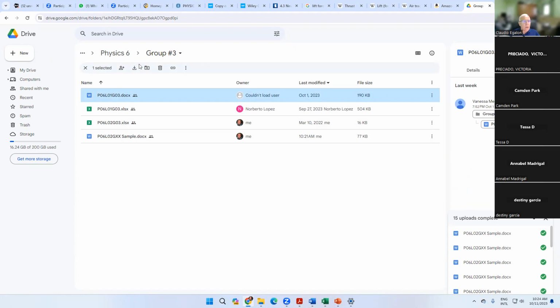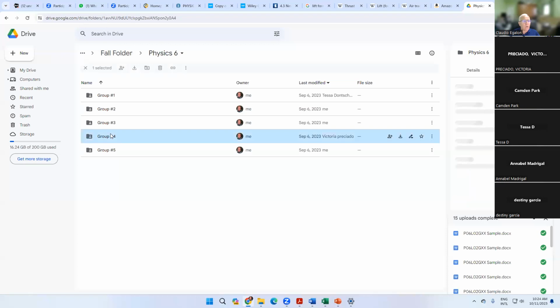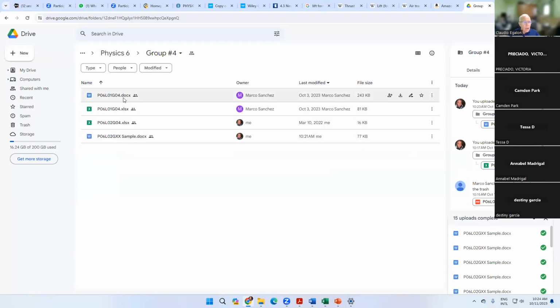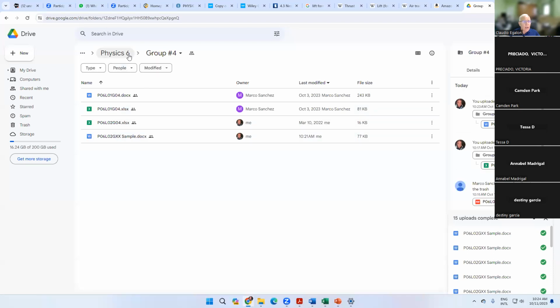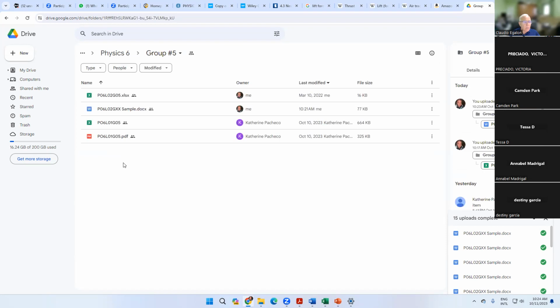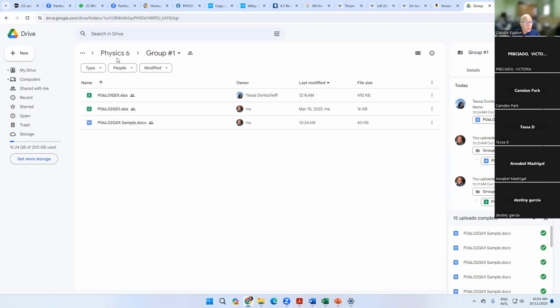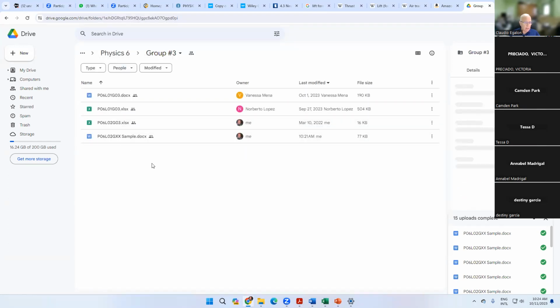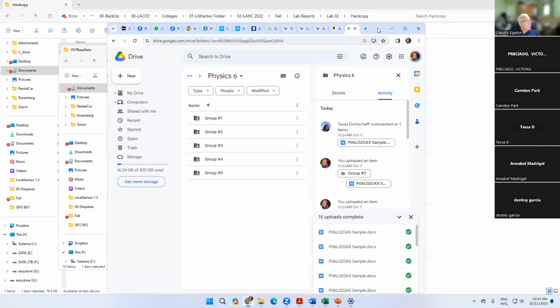Group 4 has the hard copy. And the last one is group 5, and group 5 has it. So it's just group 1 and 2 which do not have it. Make sure you upload it as soon as possible.